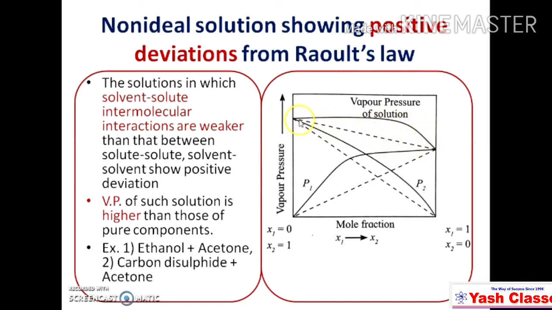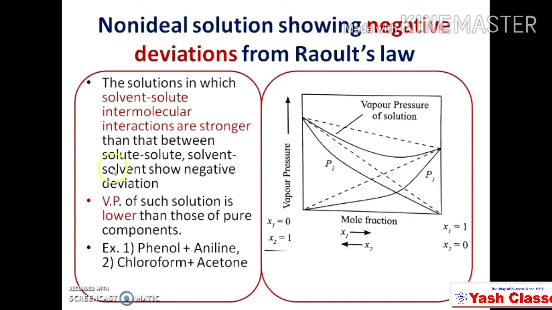The ideal value is represented by this dotted line, which is straight, and this solid line represents the deviation from ideal behavior, which is actually positive deviation because the total pressure is greater than the ideal value. So here also the partial pressure of component A2 is greater than the ideal partial pressure of A2. So this solid line also shows the positive deviation.